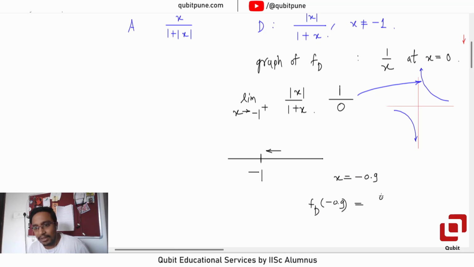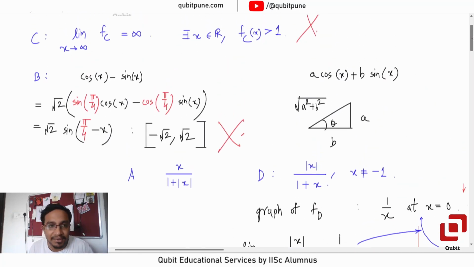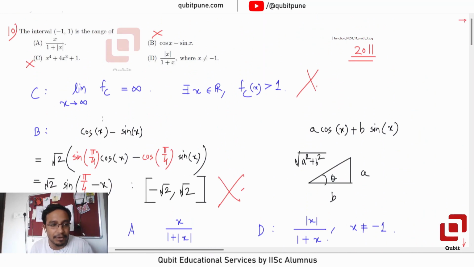In the numerator it will be 0.9. In the denominator it will be 1 minus 0.9, and this turns out to be 9, which is greater than 1. So we have found a point in the domain of the function in option D whose value exceeds 1. So D can't be right, option A is right. Okay, is that clear?